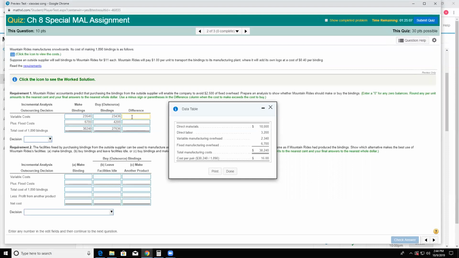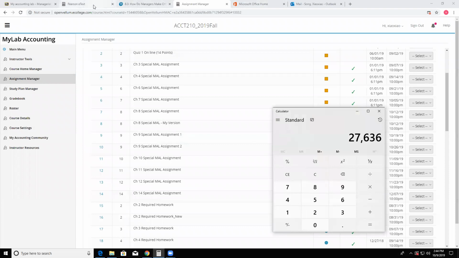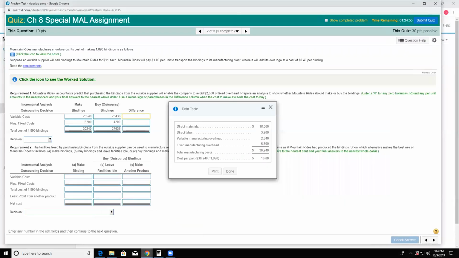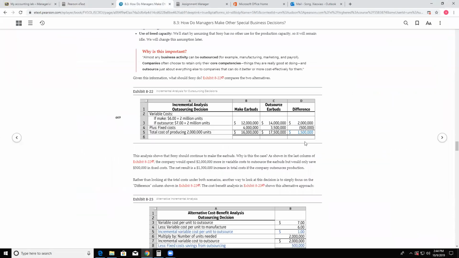Here's the part I didn't get. If we look at our textbook, my Pearson textbook, this is the make or buy example.